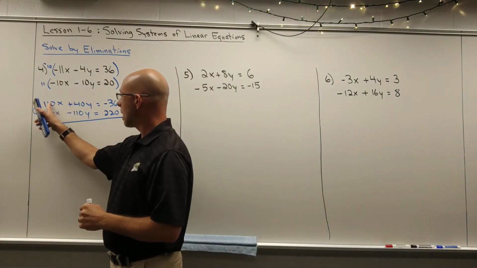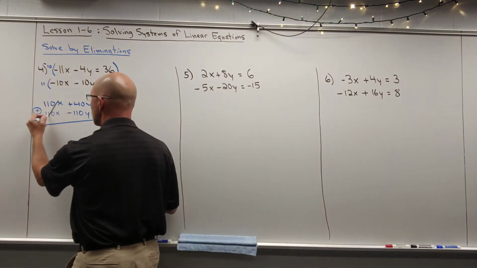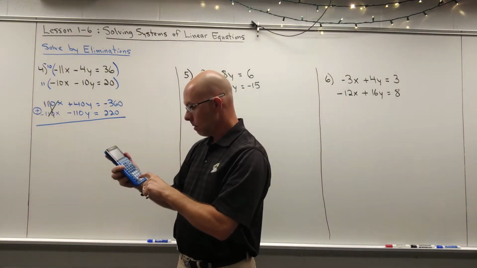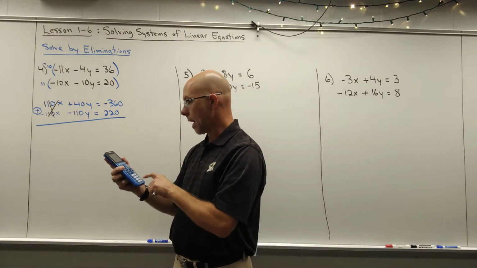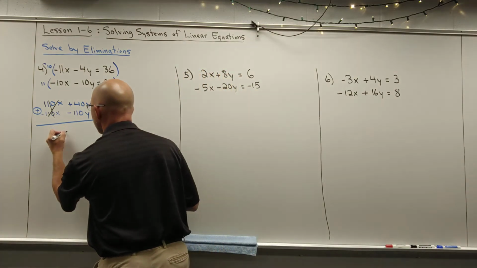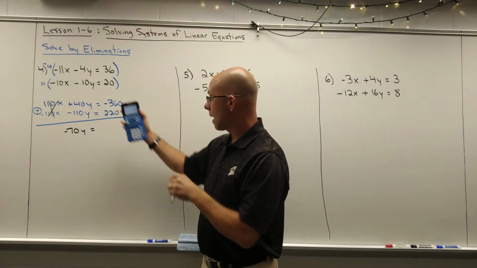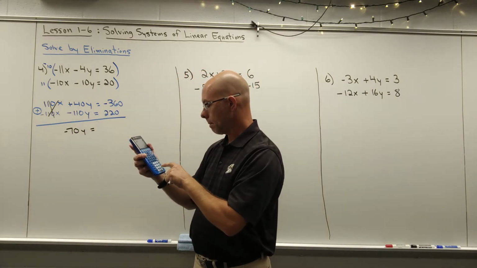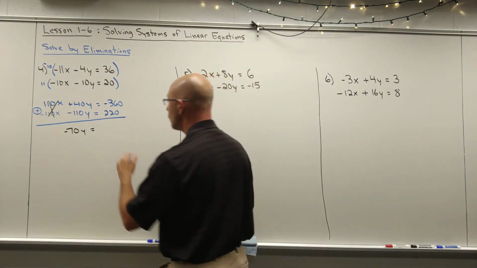So 110 plus negative 110 cancels. There's our elimination. 40 plus negative 110 is negative 70y. Negative 360 plus 220 is negative 140.